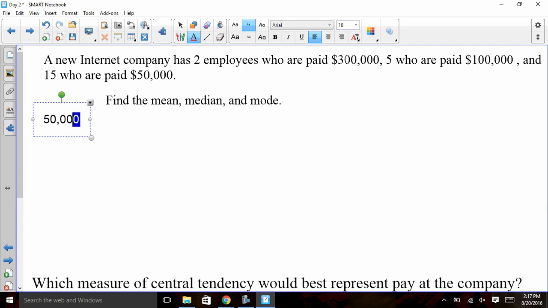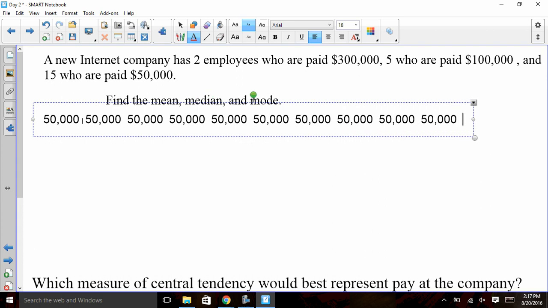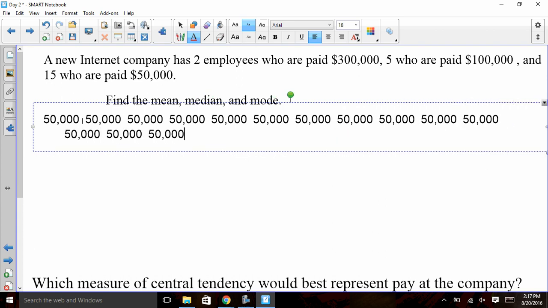So I have 15 people who are paid this. I have 1, 2, 3, 4, 5, 6, 7, 8, 9, 10, 11, 12, 13, 14, 15. And then I have 5 people who are paid 100,000. Oops, let's tab that over.